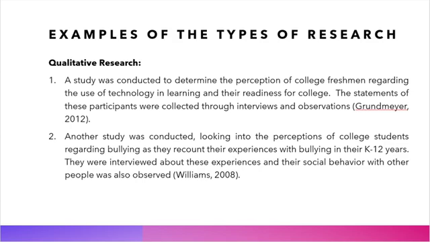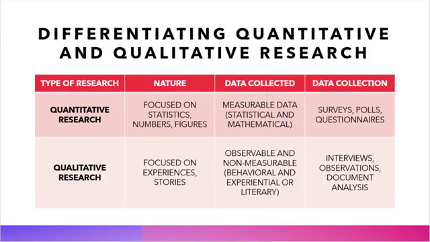So from these examples, we can immediately tell that quantitative and qualitative researches are very different from each other. And to give you a simpler look or a tabular presentation of their differences, here's one example. Okay, so let's try to look at their differences in terms of the nature of the research, the data being collected, and the means of collecting data.